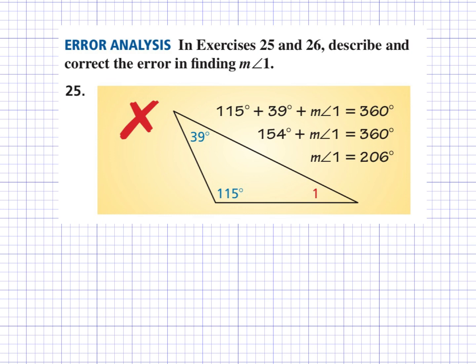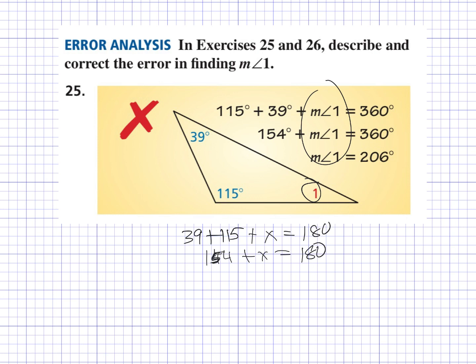What did they do wrong here? So first of all, we're finding measure of angle 1 here. There's 180 degrees in a triangle. That's the triangle sum theorem. So 39 plus 115 plus, we'll say x for angle 1, equals 180 degrees. All right. 39 and 115, I'm sorry, that's 154, plus x equals 180.